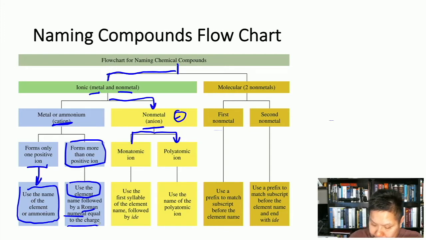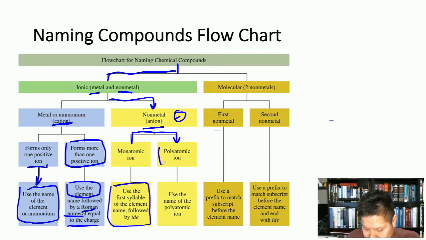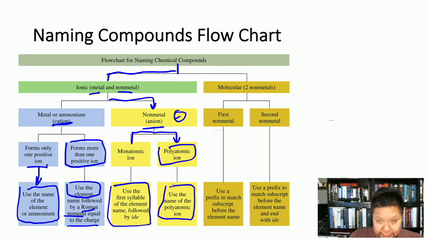And then as for the anion side, if it's monatomic, which means it only has one ion, you just use the first syllable and follow it with "ide." If it's polyatomic, you have to use the name of the polyatomic ion, which is the reason why I told you to memorize those polyatomic ions.